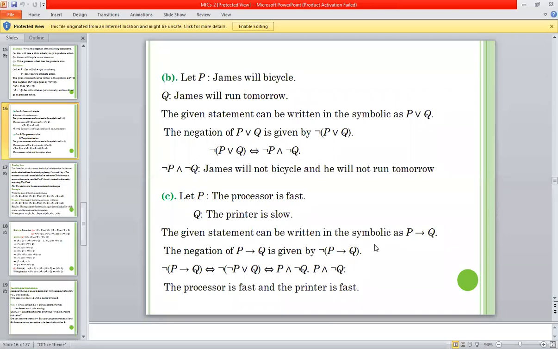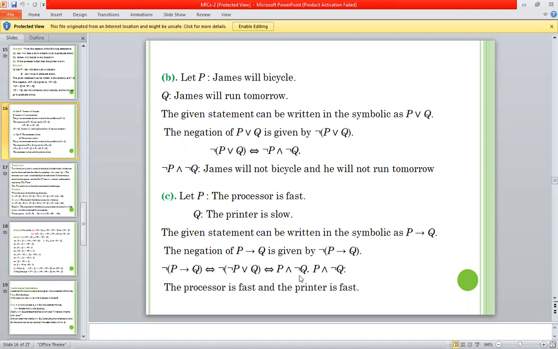The given statement can be written in symbolic form as if-then, so the symbol is implication, P implication Q. The negation of P implication Q: P implication Q is equivalent to negation P or Q. Applying negation using De Morgan's law, the disjunction operator changes into the conjunction operator, so we get P and negation Q.